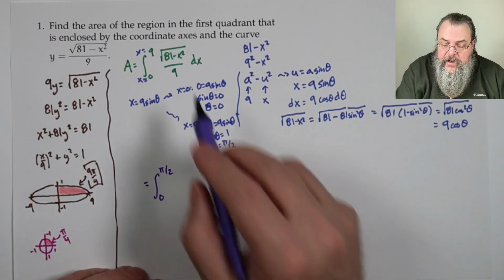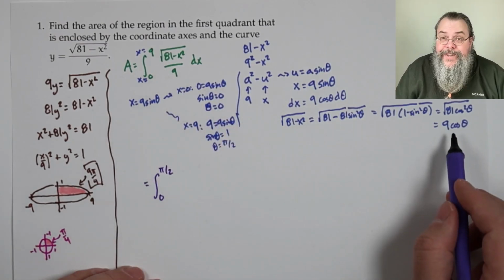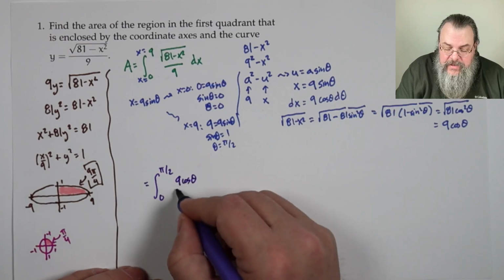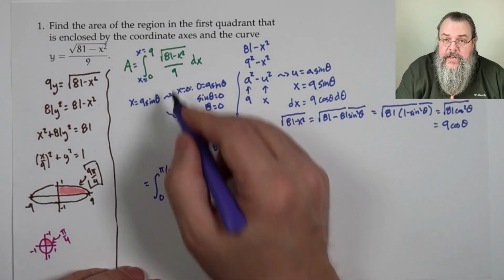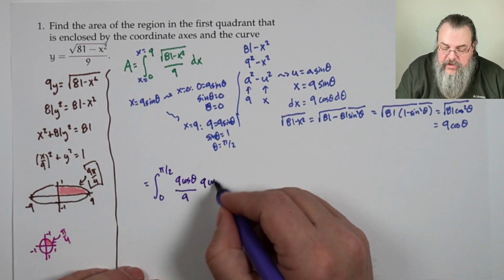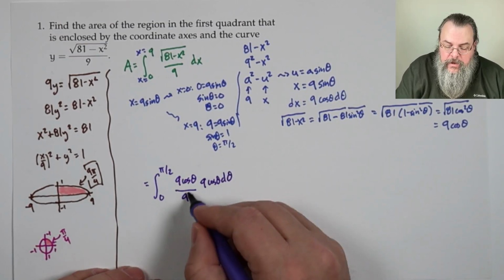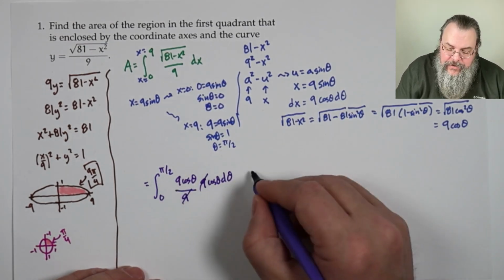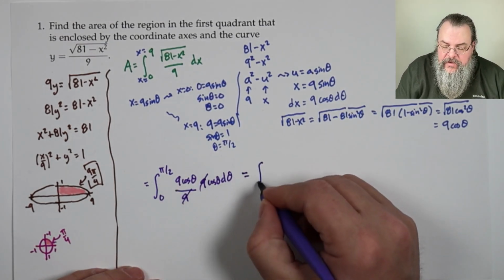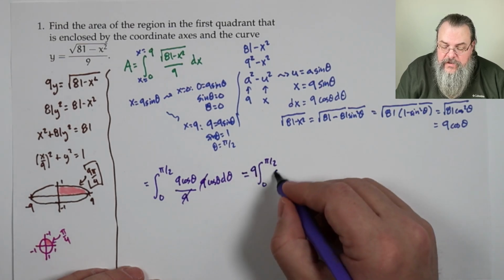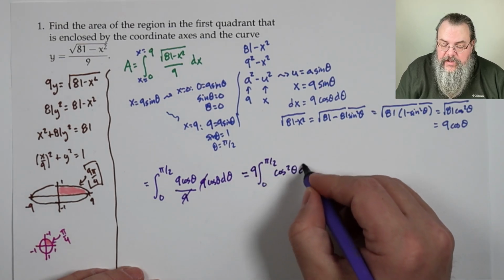And the square root of 81 minus x squared is 9 cosine theta, all over 9. And that dx is 9 cosine theta. Well, okay. Cancel the 9. And you can pull a 9 out of the integral. So this becomes the integral from 0 to pi over 2 of, we have a 9 in front, cosine squared.